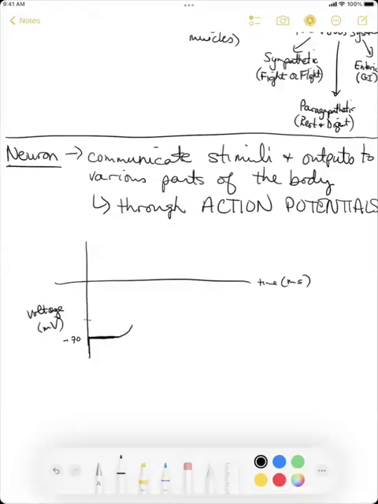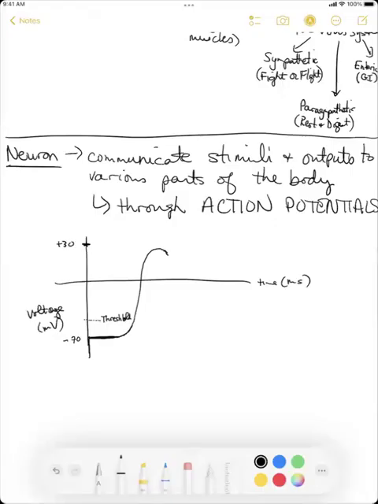Once you reach a particular threshold, that's this dotted line, you're going to reach a threshold potential. You will absolutely get an action potential, which is a spike in voltage. That spike in voltage goes to approximately positive 30 millivolts.